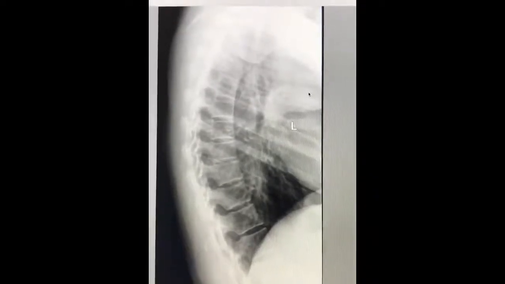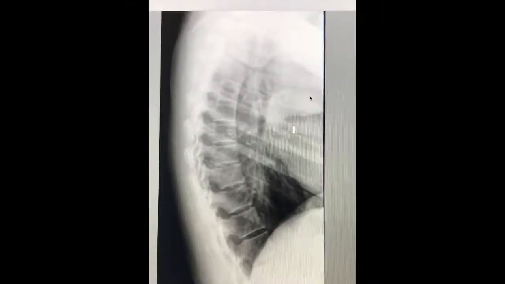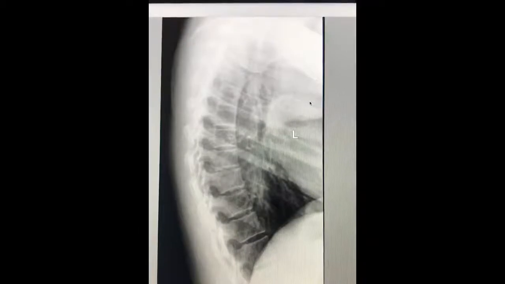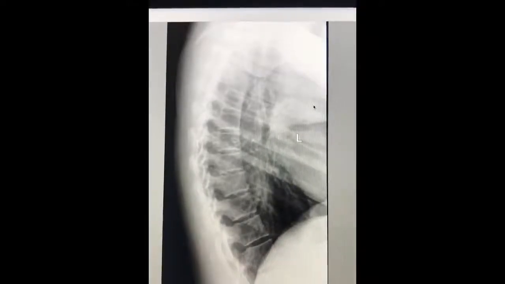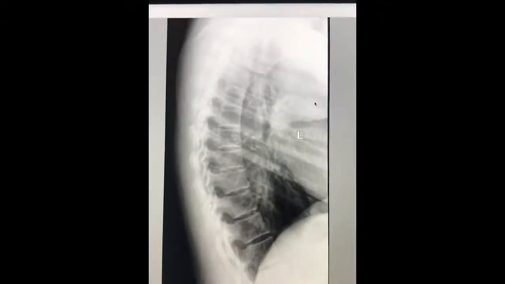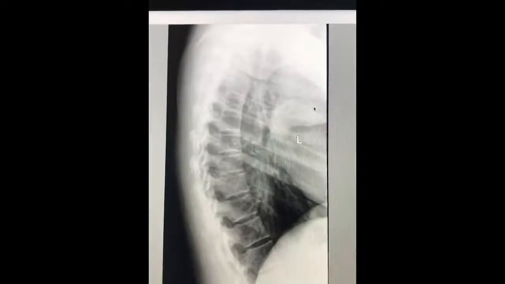Okay, moving on to your collimation. Again, you just want to collimate anterior to posterior such that you are including your entire thoracic vertebral column. Remember not to collimate too much superiorly and inferiorly. And then your medical legal considerations, again it's the same as your T-spine AP.